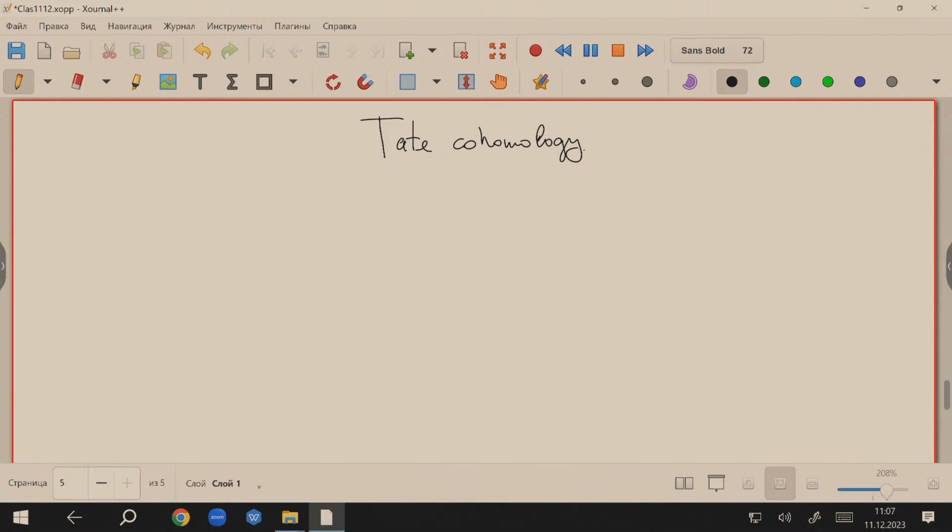And at the same time, for group homology, you can also compare the coinvariants and invariants. So let us consider the following map. A is a G-module. Assume that G is finite.